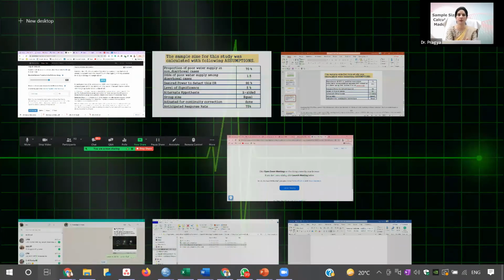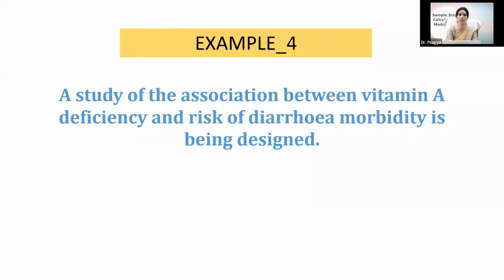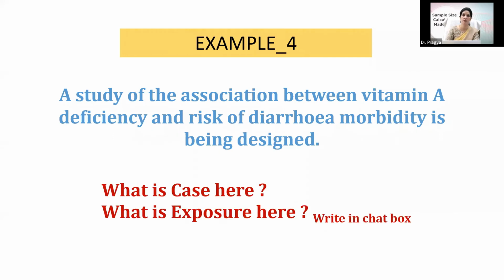And then again, the second question: study of association between vitamin A deficiency and risk of diarrhea or morbidity. So which is the exposure and which is the case here? So the case is, again, diarrhea and vitamin A deficiency is the exposure. Yes, you're right.